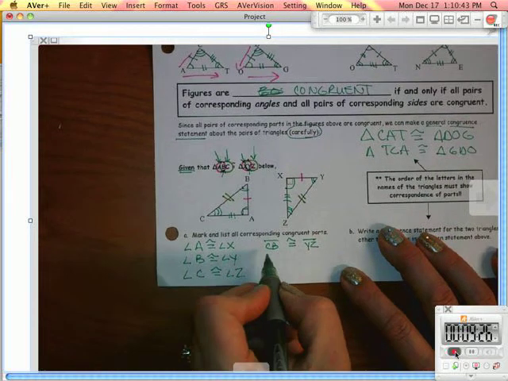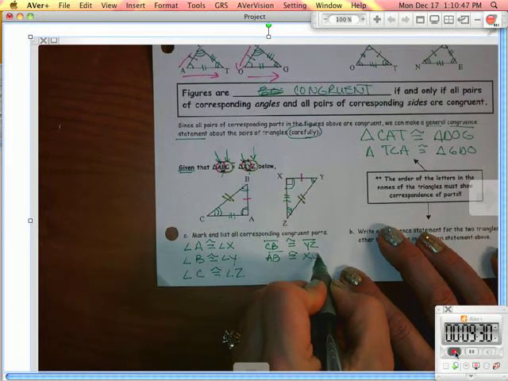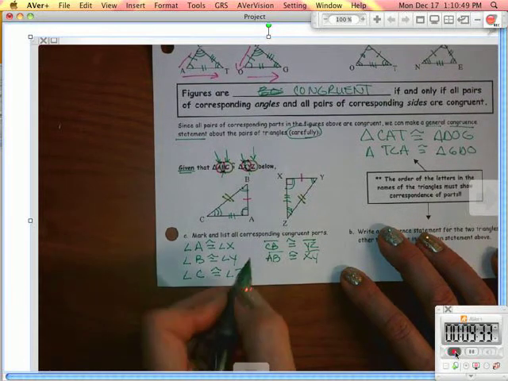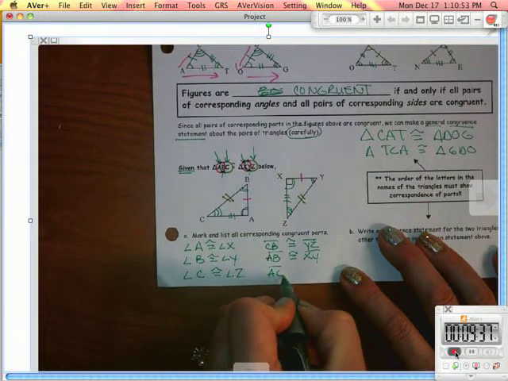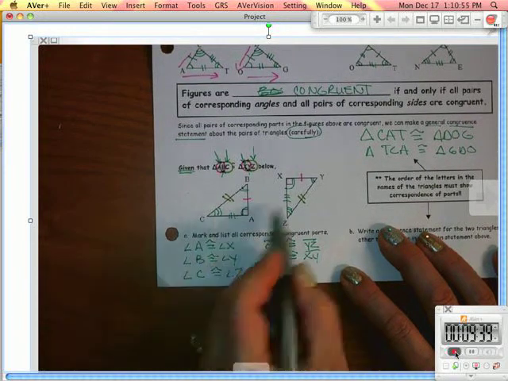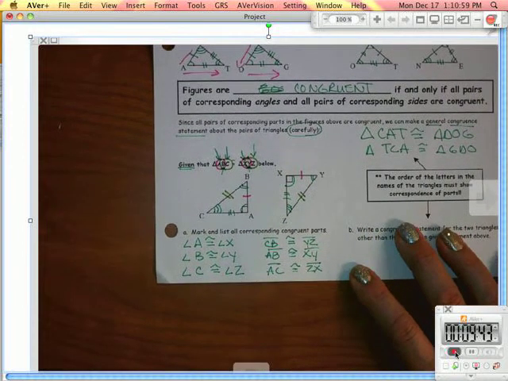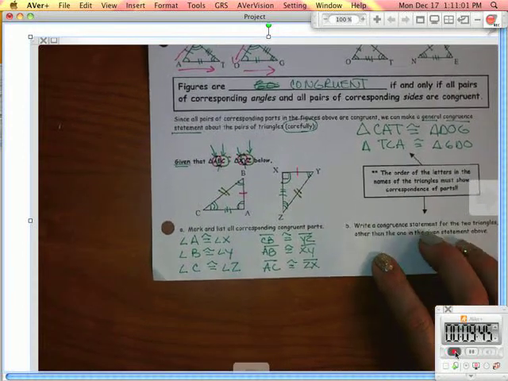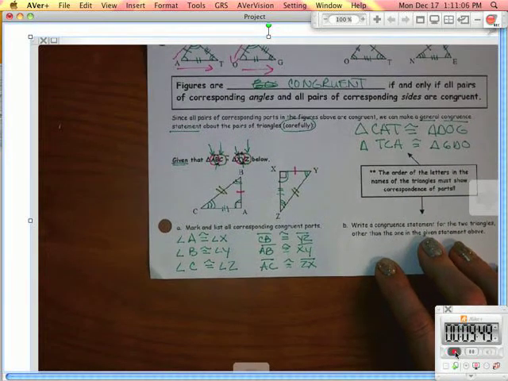And the last one is segment AC is congruent to, look at your picture again, don't be confused by it because you already marked it up. So just looking at your picture and writing it down. Okay, the order of letters in the names of the triangles must show correspondence of parts when you write them down. Are you good on the front page?